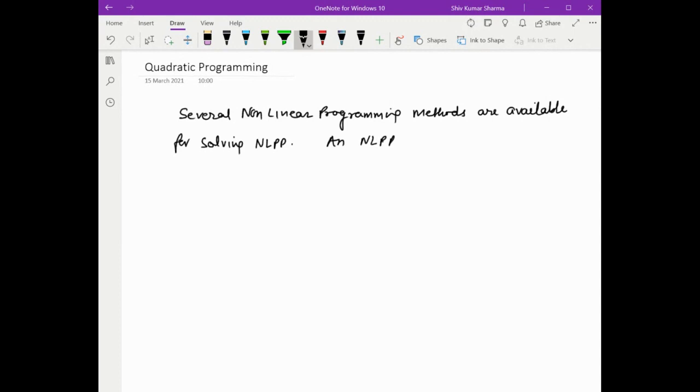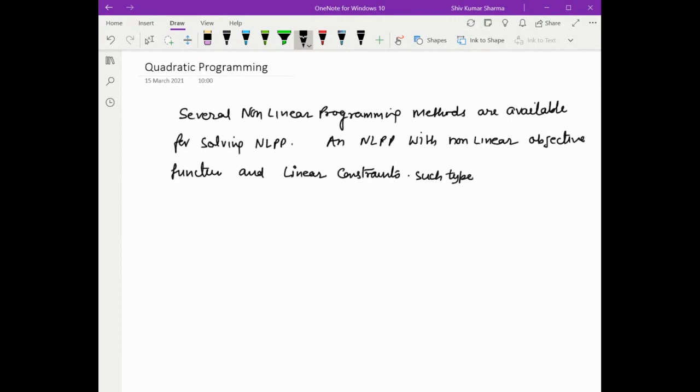So an NLPP with the non-linear objective function and linear constraints, such type of NLPP is known as quadratic programming problem.